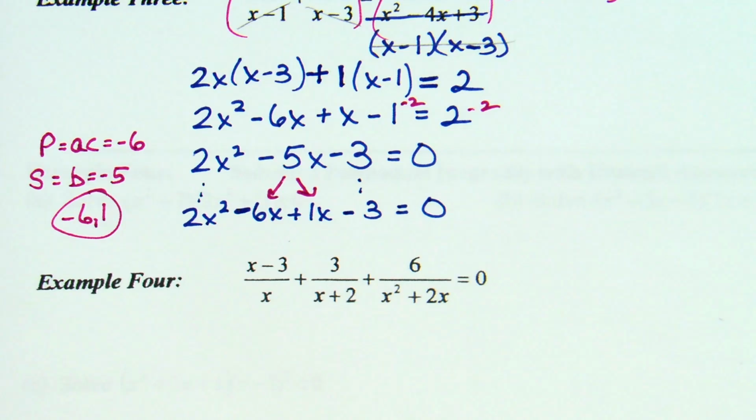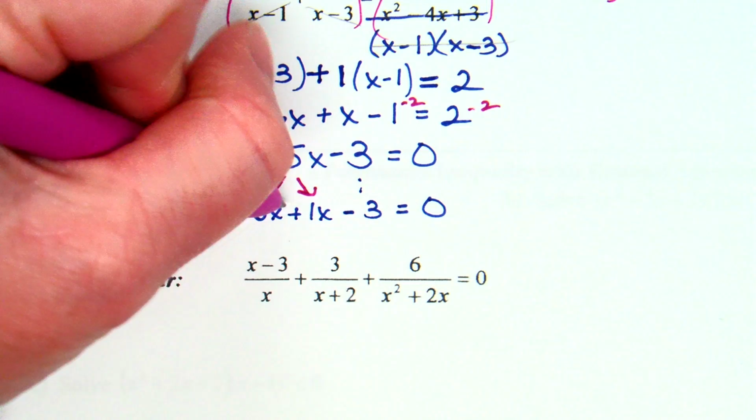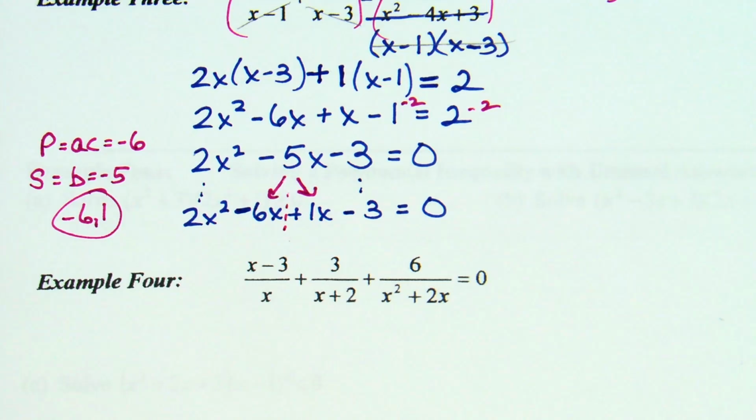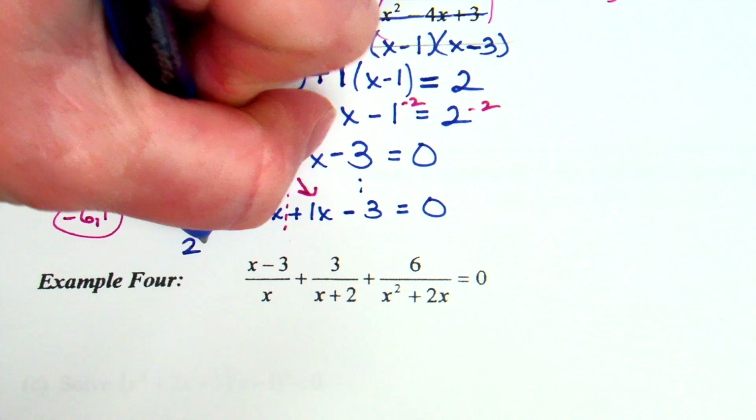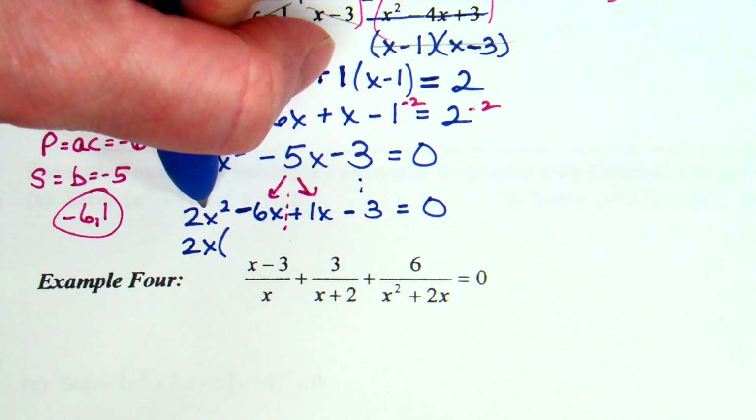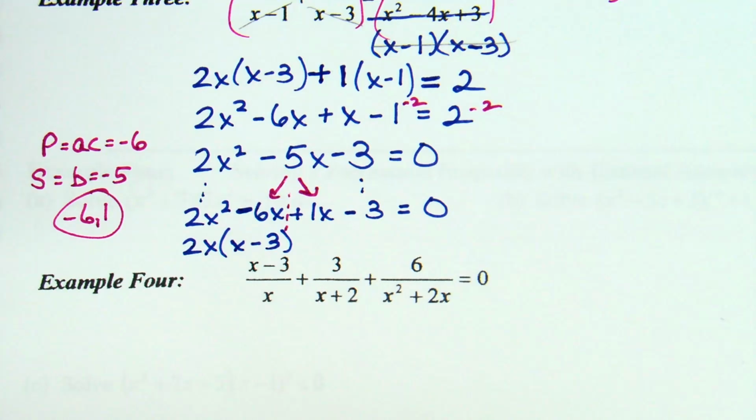There's 4 terms. So split them in half. What's GCF of the first half? 2x. So if I factor out 2x, I'm going to be left with x minus 3. GCF of the back half. Yeah, if all else fails, there's always a GCF of 1.